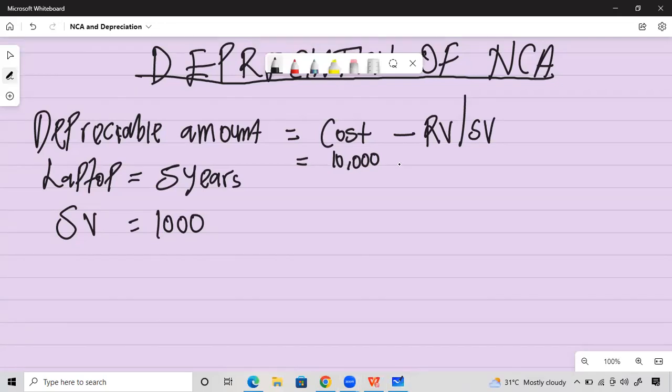How much do you buy it, minus what you can sell this particular asset for at the end of its useful life. At the end of the 5 years, I should be able to sell it for 1,000. So meaning that the depreciable amount now is 9,000 naira.